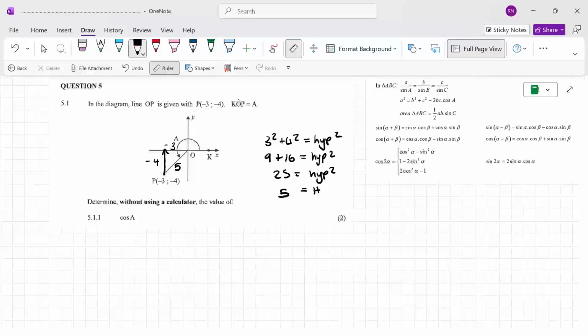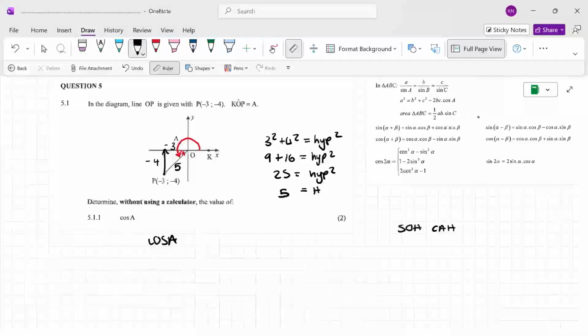And now I know that they gave you this whole angle as A, but you're going to treat it as if this little angle, just that little bit, is A. You don't have to worry about the fact that it's going all the way around. So we are now looking for cos A, and now you can just use SOHCAHTOA to find what cos of that angle A is.